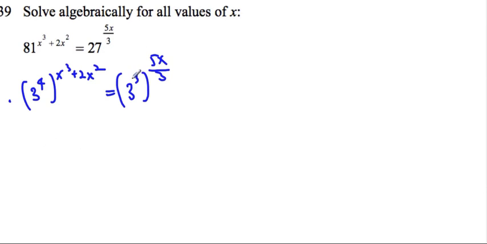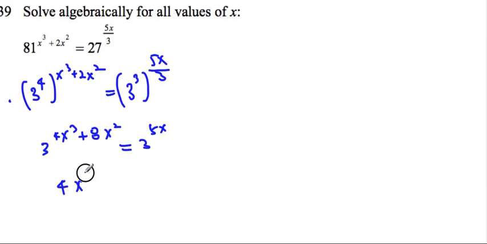Here, when we have exponents, we multiply them, so we get 3 to the 4x cubed plus 8x squared equal to 3 to the 5x. So we can simply say that the exponents are equal to each other.